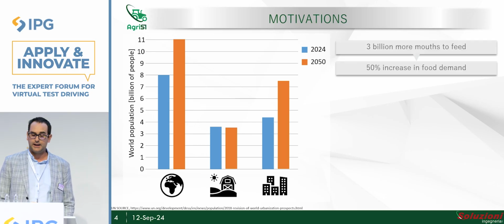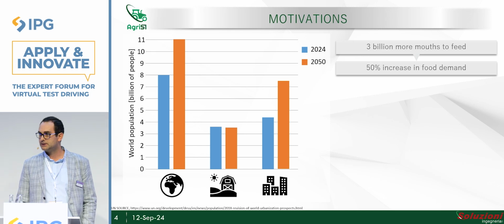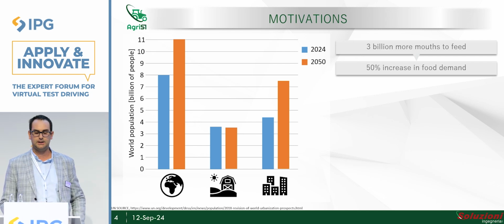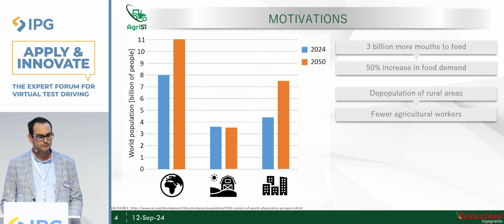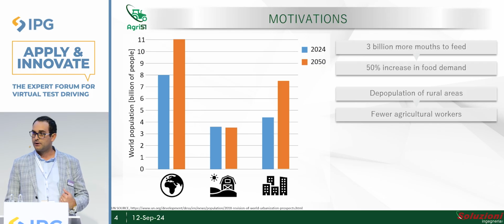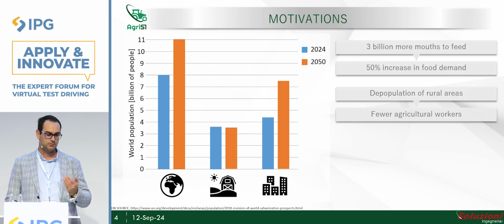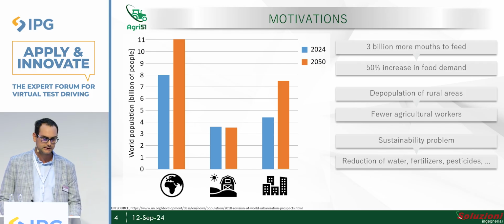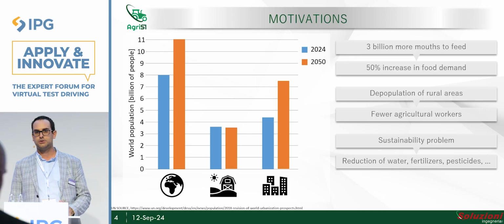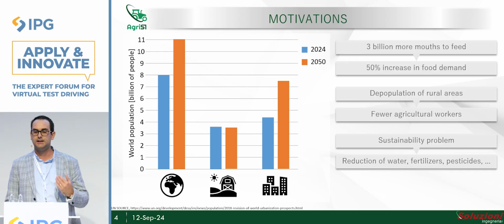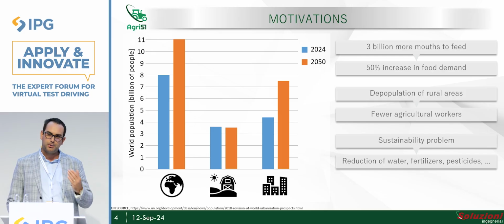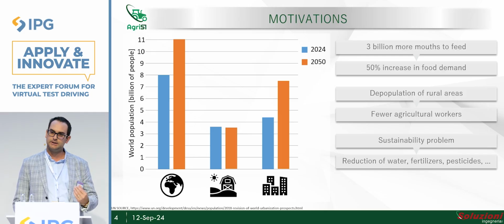We will have 3 billion more mouths to feed, which leads to a 50% increase in food demand. The depopulation of rural areas leads to fewer agricultural workers, and we also have to take into account sustainability problems, which lead governments to impose a reduction in the utilization of water, fertilizers, pesticides, and so on.